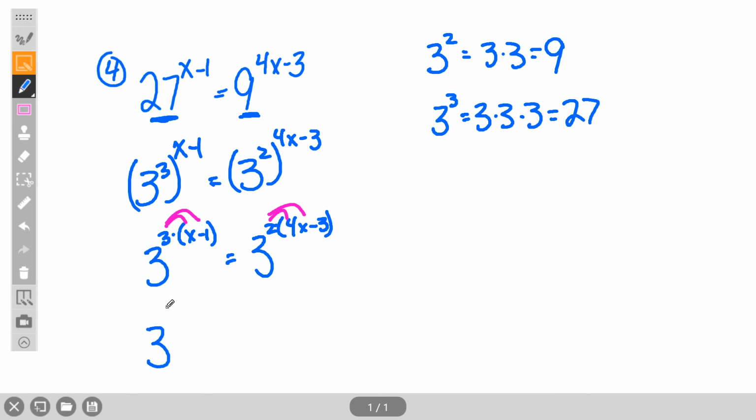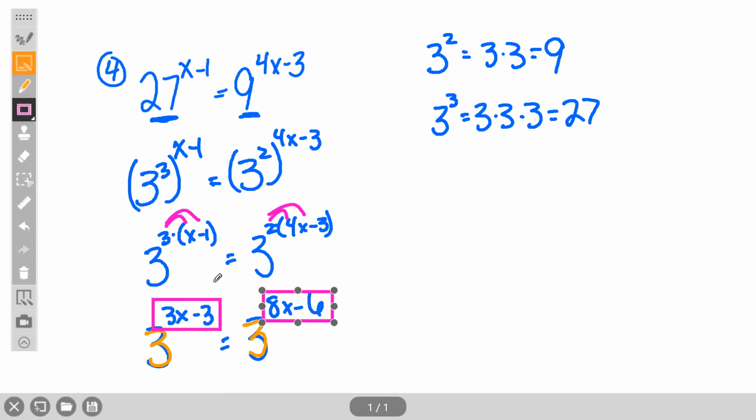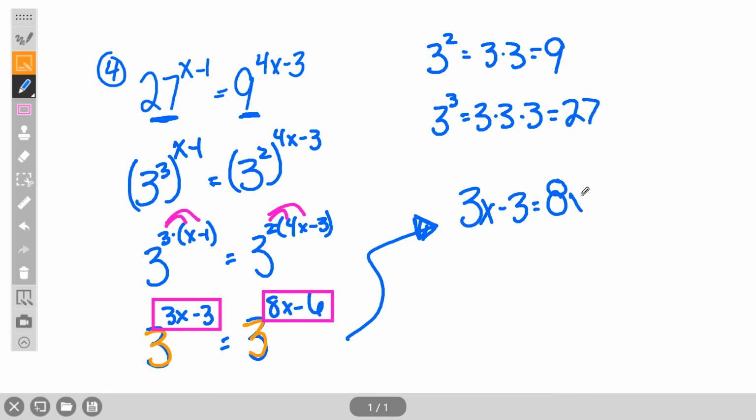So you got 3 to the 3x minus 3 equals 3 to the 8x minus 6. And now we have successfully made the bases the same. Both the bases are now 3, which means that I can make the exponents the same as well. So 3x minus 3 is equal to 8x minus 6.